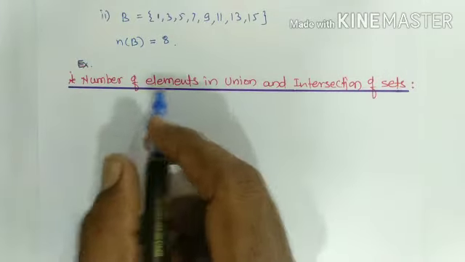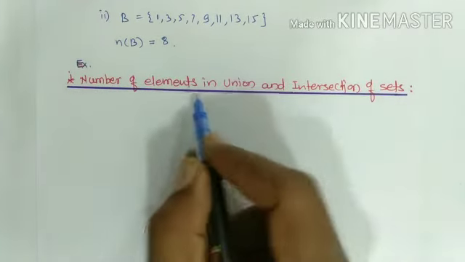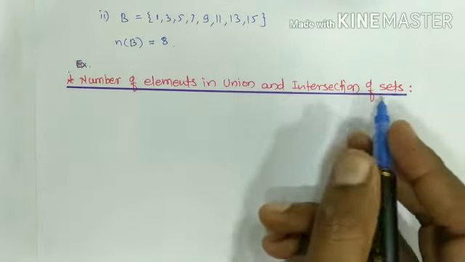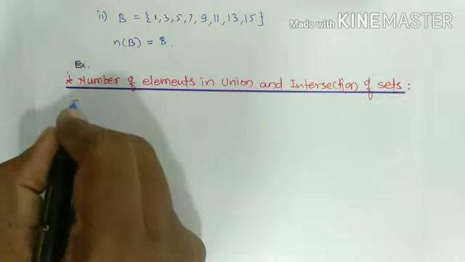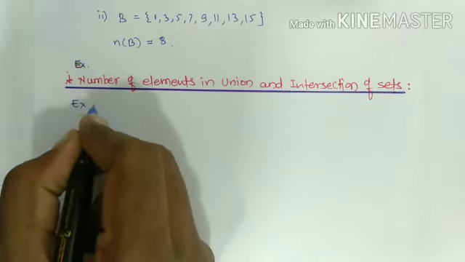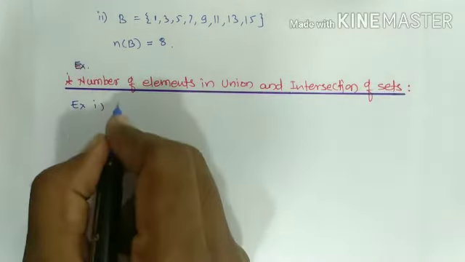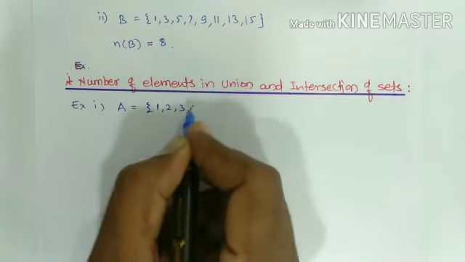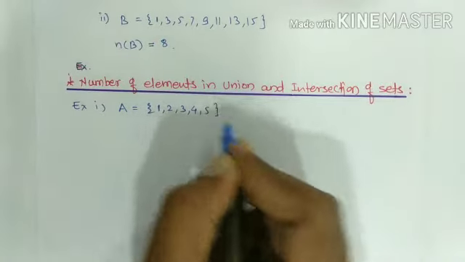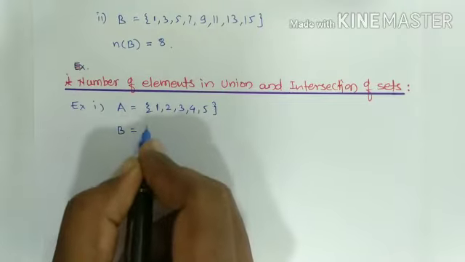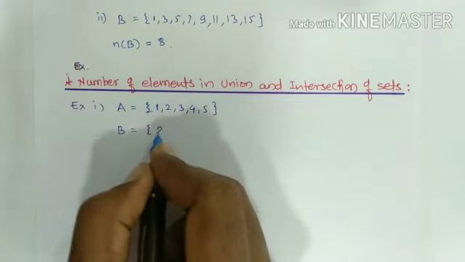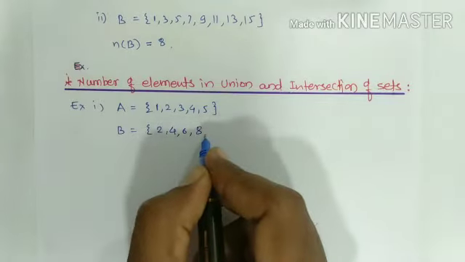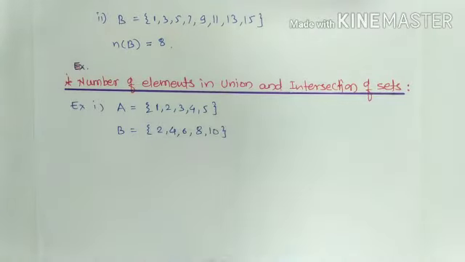Now we are going to study the number of elements in the union and intersection of sets. Here we take two sets. A is the set of 1, 2, 3, 4, 5. Then B is the set of 2, 4, 6, 8 and 10.